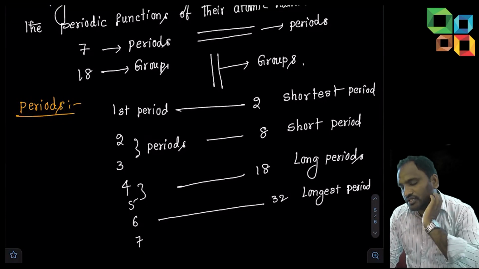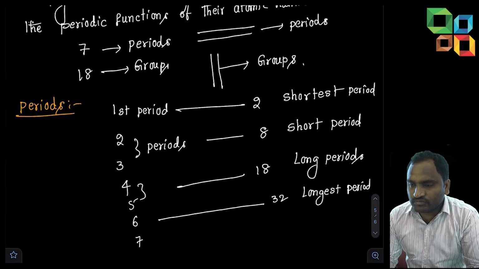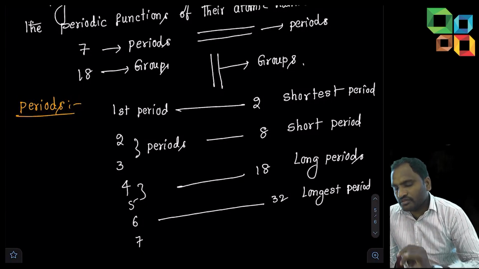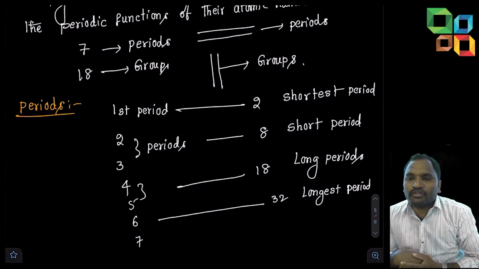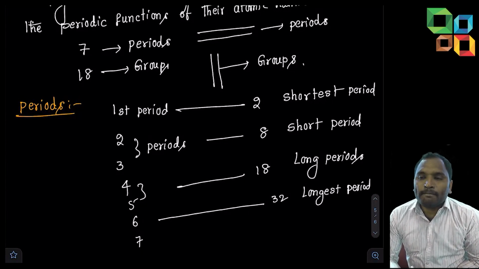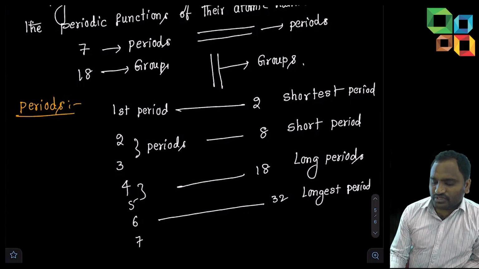Seventh period is considered an incomplete period. Whatever space was left by Mendeleev is almost in the seventh period, but it is incomplete right now.